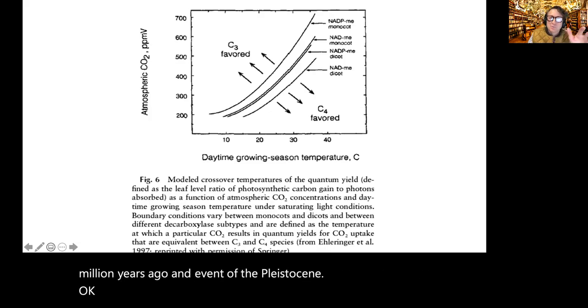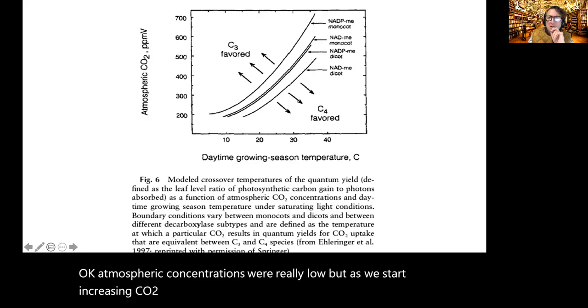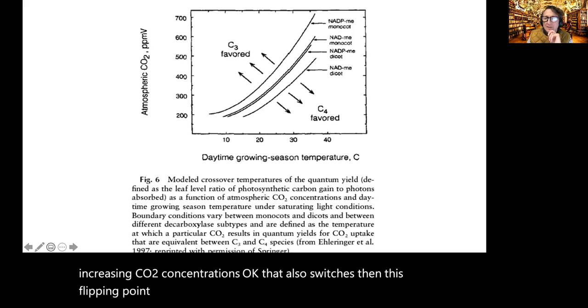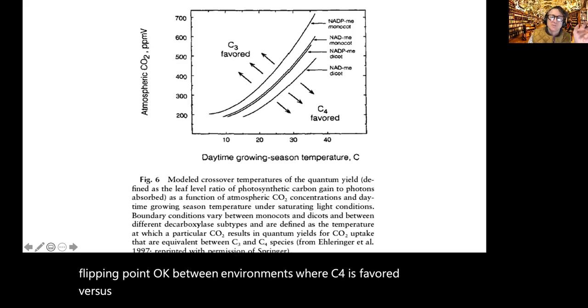Atmospheric concentrations were really low. But as we start increasing CO2 concentrations, okay, that also switches this flipping point between environments where C4 is favored versus environments where C3 is favored.